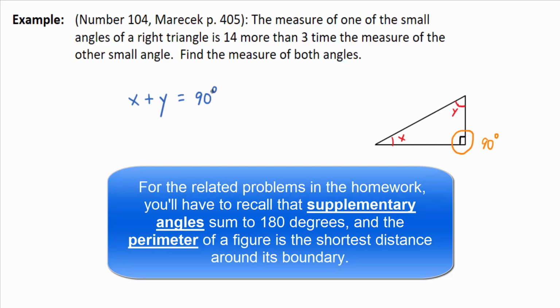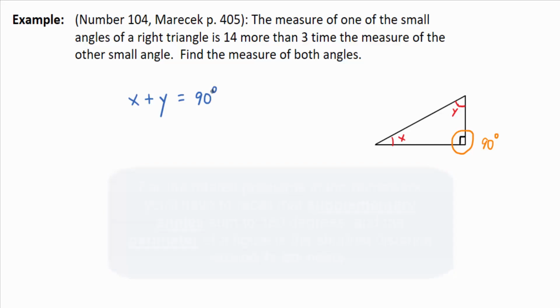But as you know, if we have two unknowns, we need another equation to help us solve it. So then we have some information. We have that the bigger angle is 14 more than 3 times the measure of the other small angle.